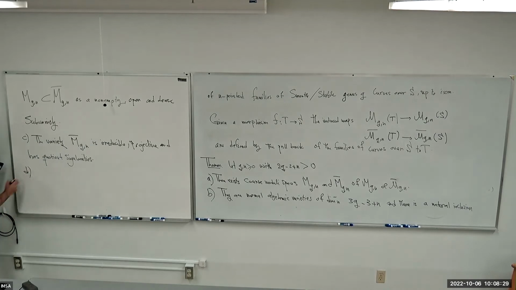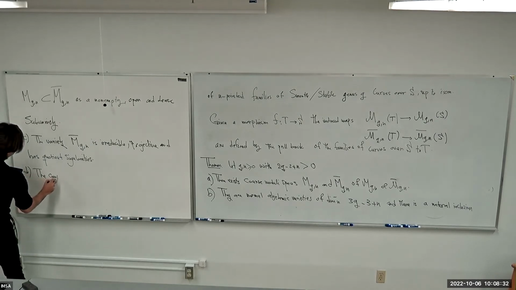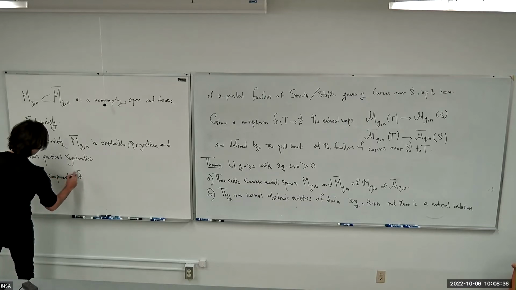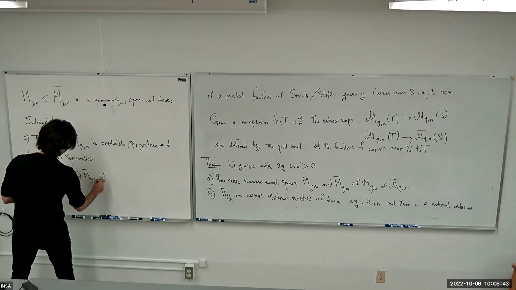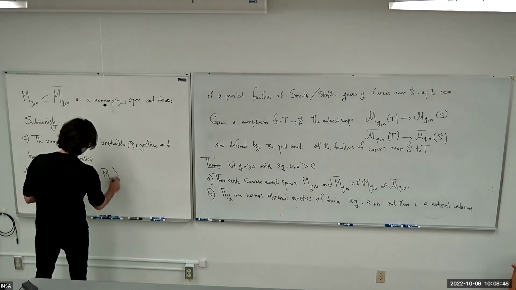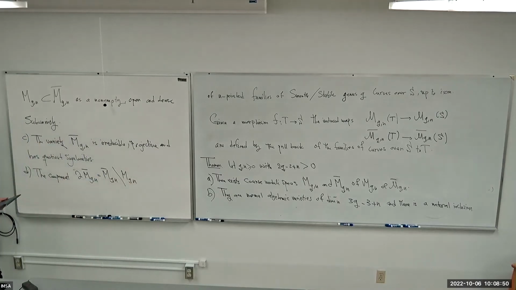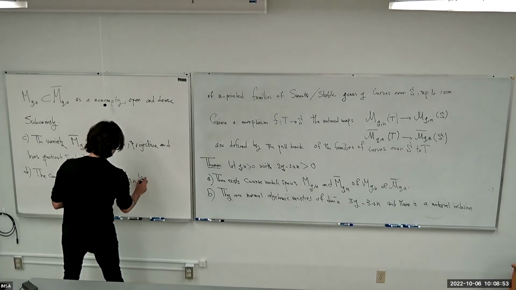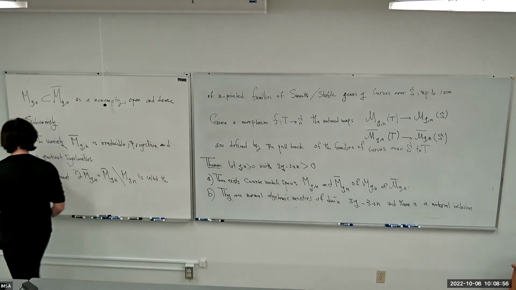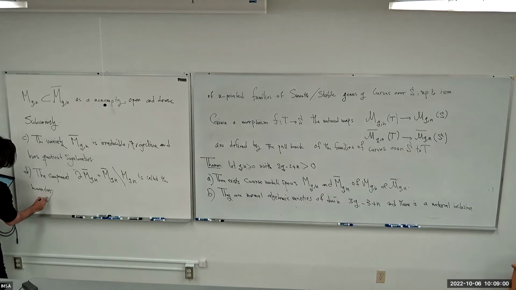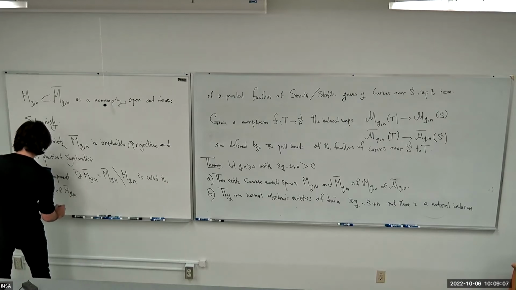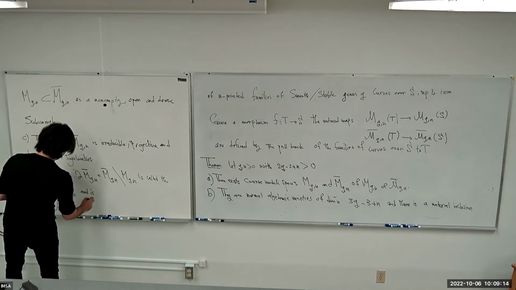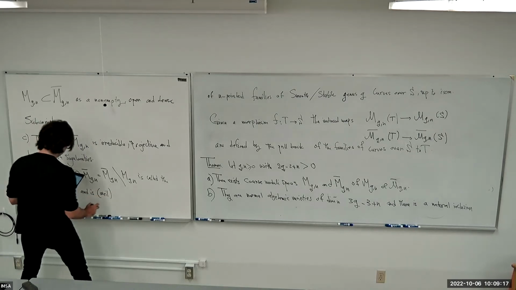Okay? And then the boundary of this compactification, which is the compactified coarse moduli space minus its interior, is called the boundary of M bar_{g,n}, and it is a Weil divisor.